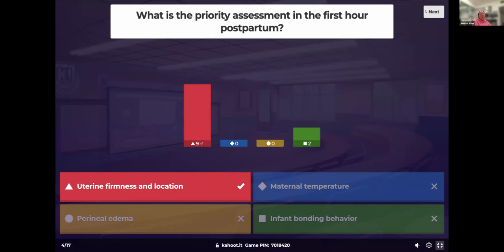Well, I shouldn't say always, but it's not going to be the priority. You've got to make sure this lady isn't bleeding out, right? So you check your uterus. Is it firm? Is it below the umbilicus? You've got to make sure that uterus is contracting and getting back to a smaller size. They're going to have bleeding. So how do you know if they're bleeding too much or not enough? You've got to watch that uterus assessment. Good.